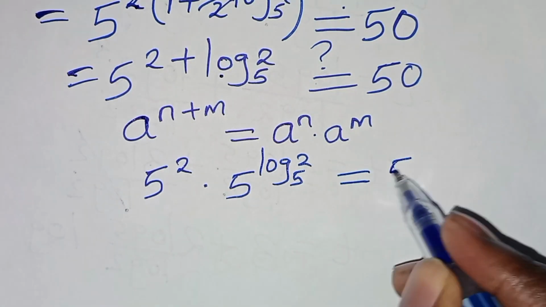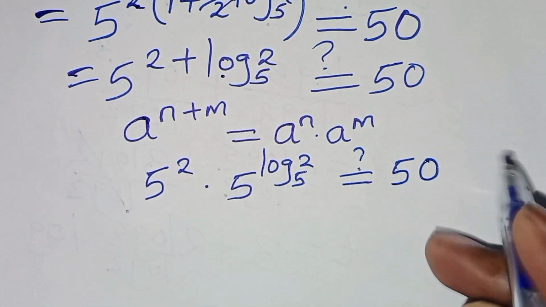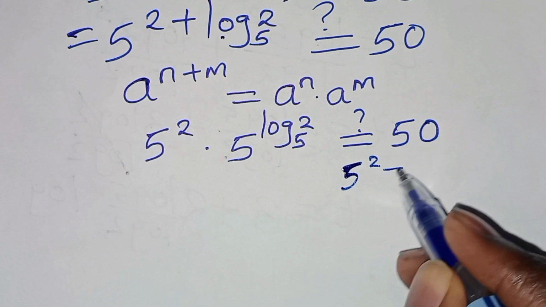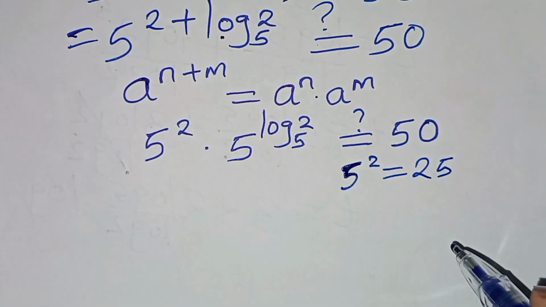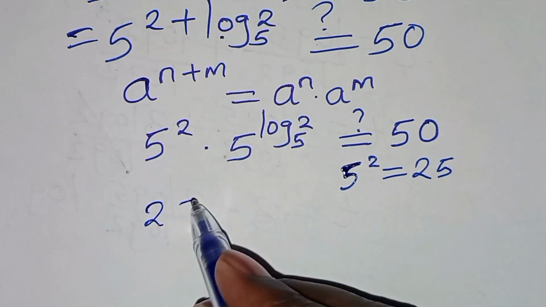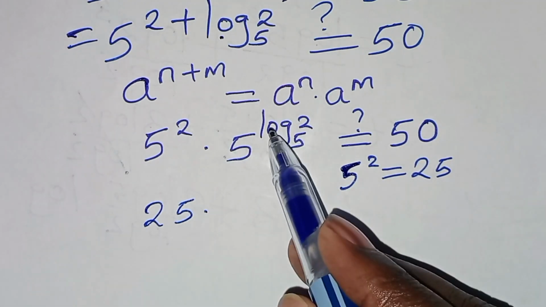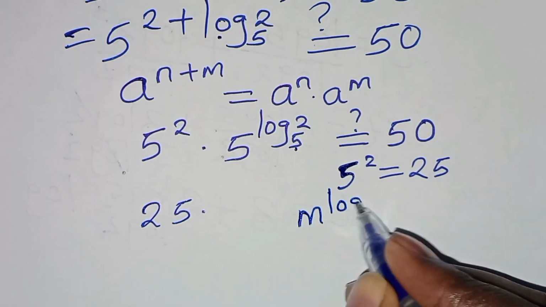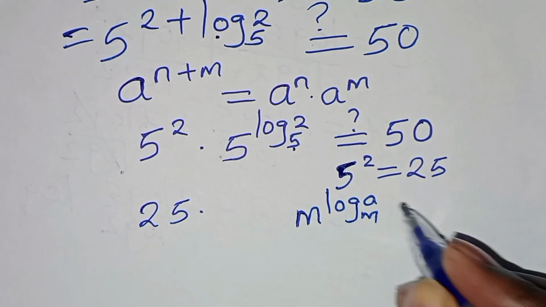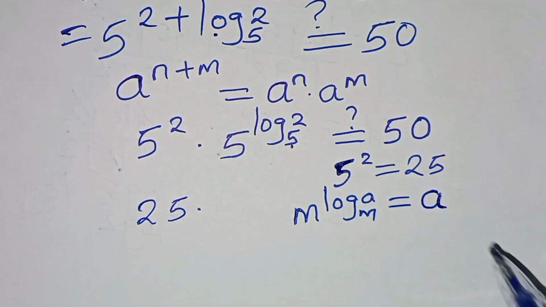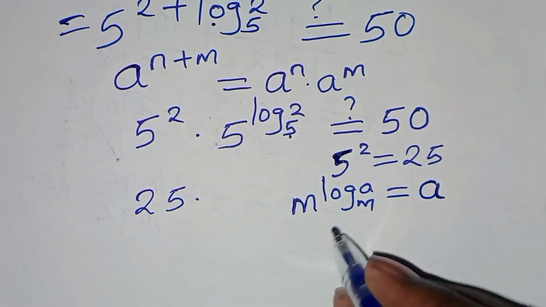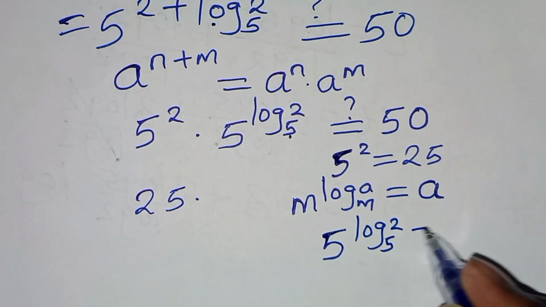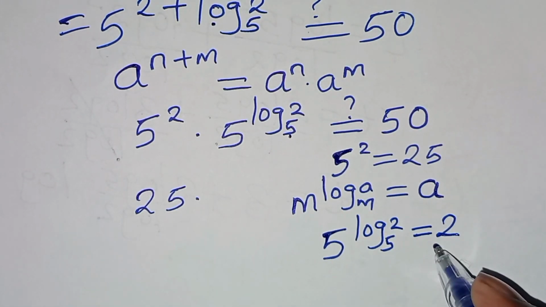The next step: 5 to the power 2 is the same thing as 25. So here we'll have 25 multiplied by 5 to the power log 2 to base 5. This is in the form of m to the power log a to base m, which is supposed to give us a value of a. That essentially means that 5 to the power log 2 to base 5 is supposed to give us a value of 2.